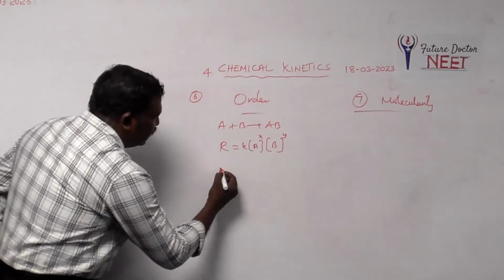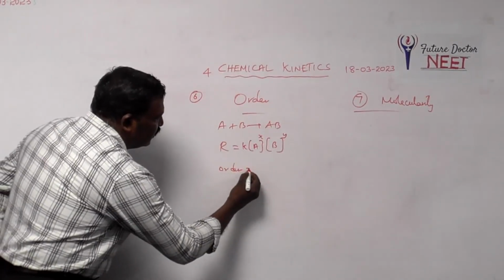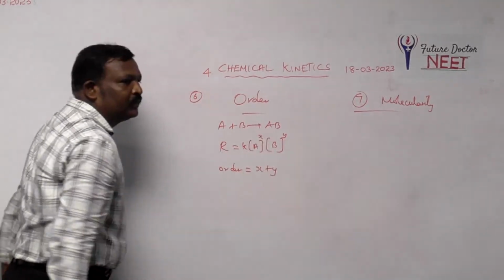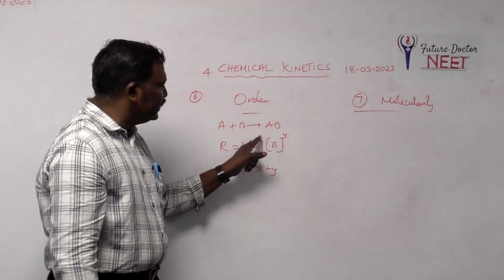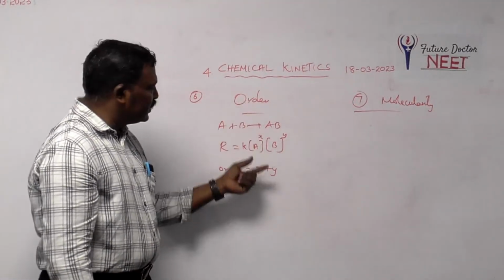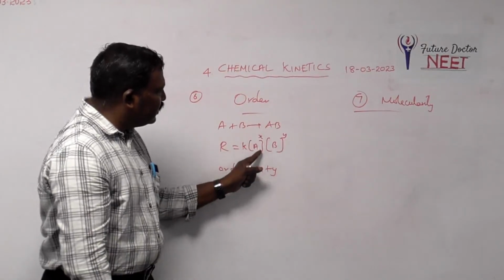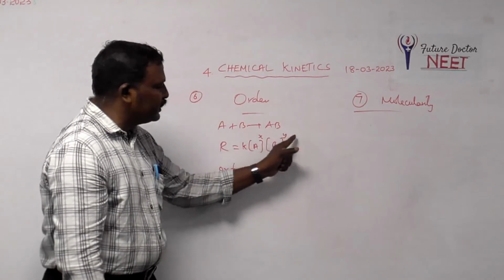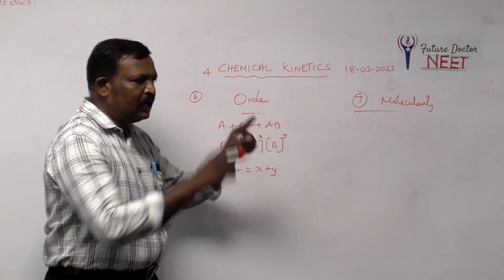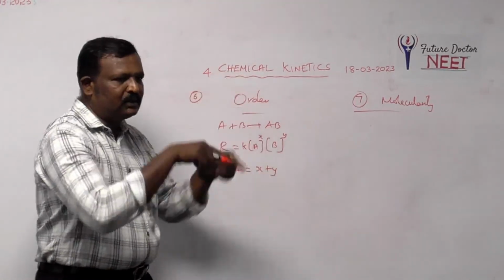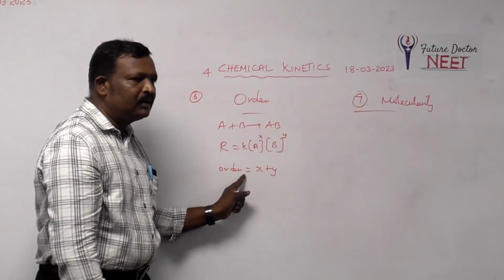Okay. So order nothing but X plus Y is called order. So we don't know the number. It's a 100% experimental quantity. What's order definition means? Sum of the powers of the concentration terms in the rate expression. Okay. Add the powers in the concentration term. It's called what? Order of reaction.